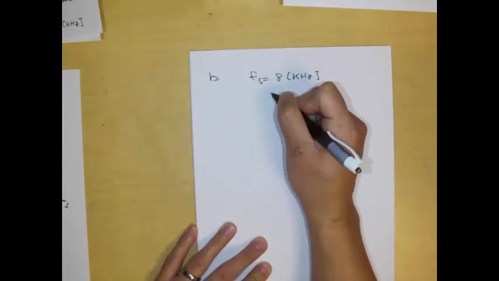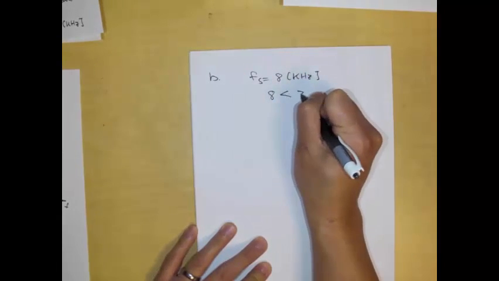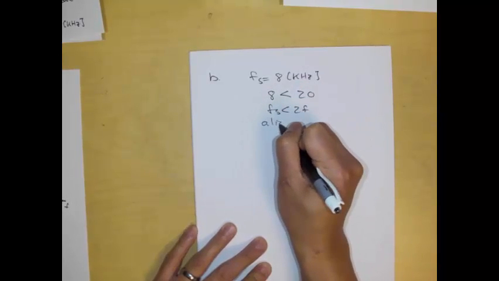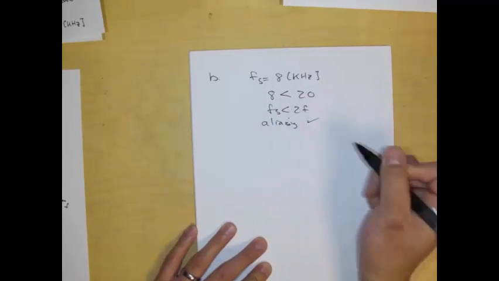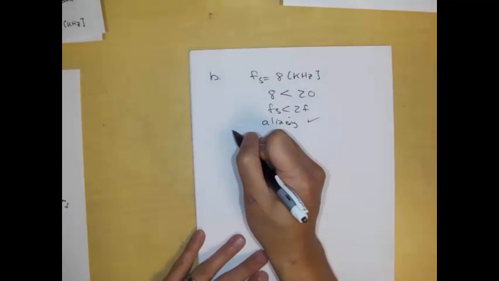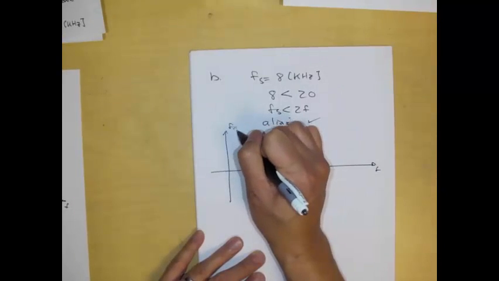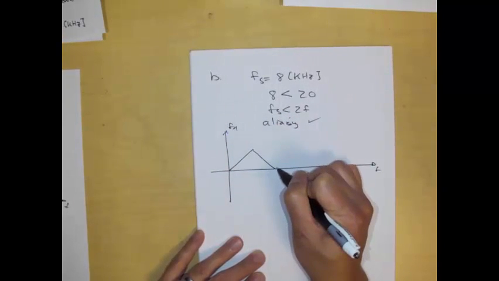Okay, and so we look at 8, and that's less than 20. So yes, FS is less than 2F, and so we got aliasing. Check.